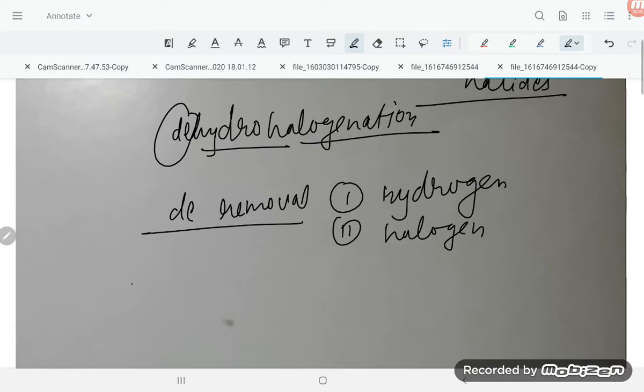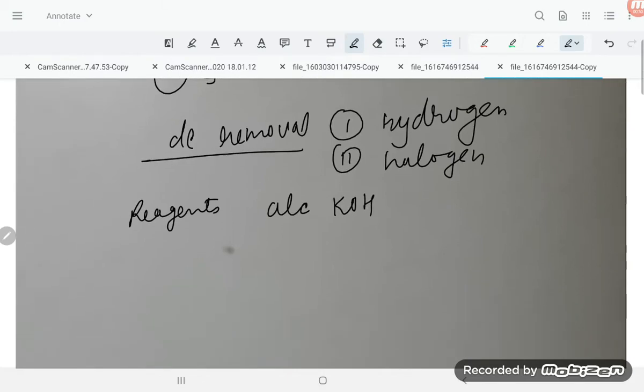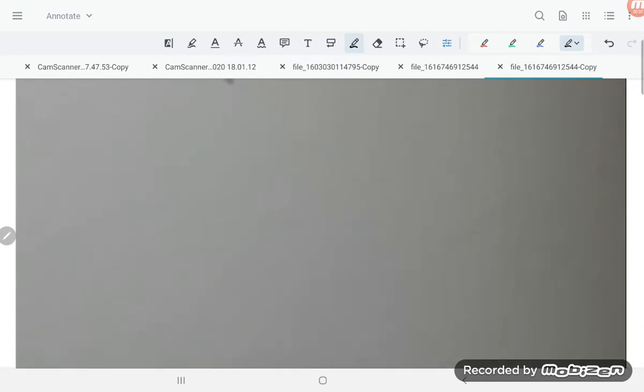The third point is the reagent that we have to use in this process: alcoholic KOH. This is the strong base that we have to use, right? Now students, we can study dehydrohalogenation from the alkyl halide. This is chloroethane.